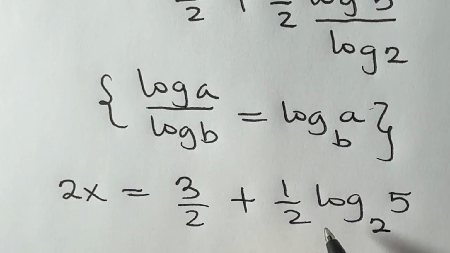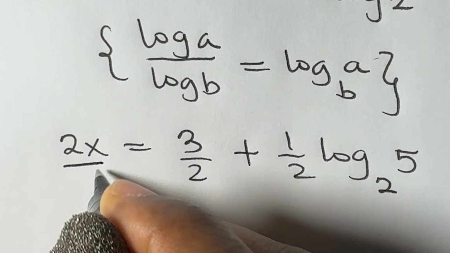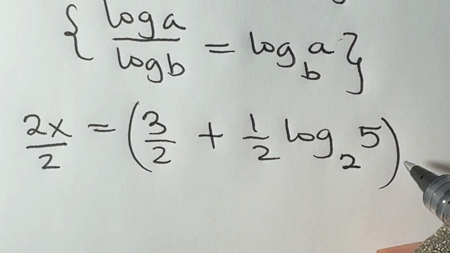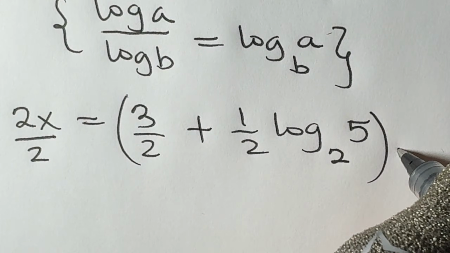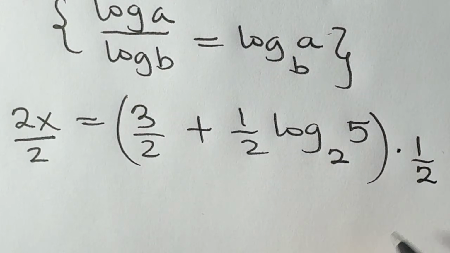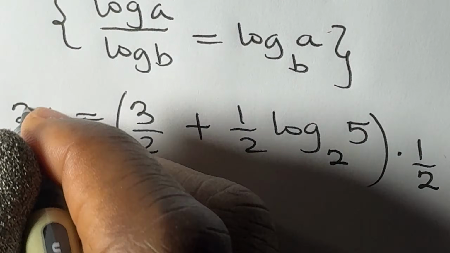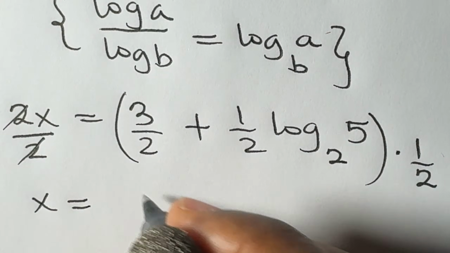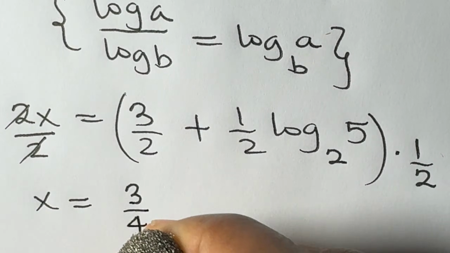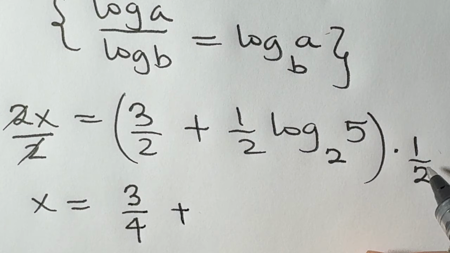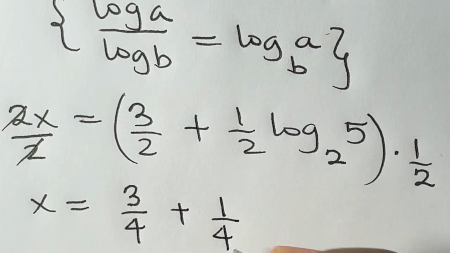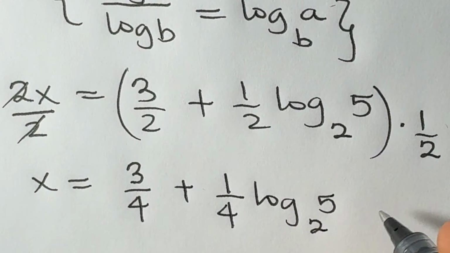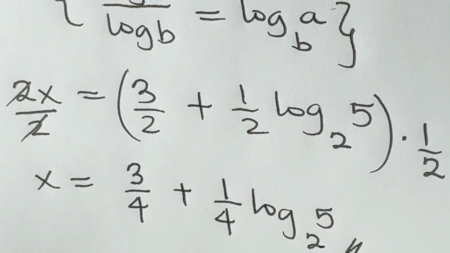Now we can divide both sides by 2. So that will be all of this times 1 over 2. And if I go ahead and open up that bracket, this cancels this. So I have x is equal to 3 over 2 times 1 over 2 is 3 over 4, then plus 1 over 2 times 1 over 2 is 1 over 4 log 5 base 2, which is our final answer to this problem.